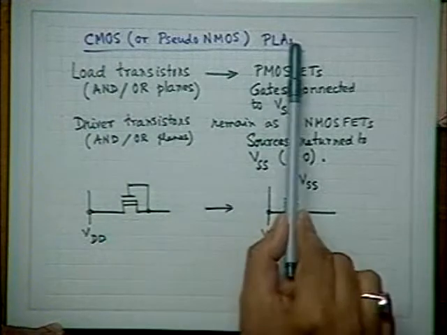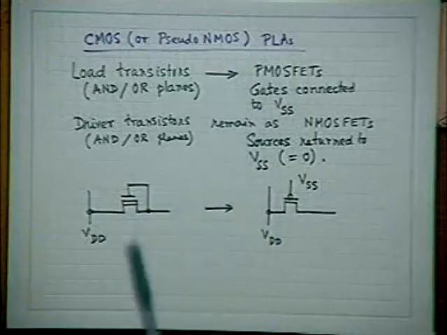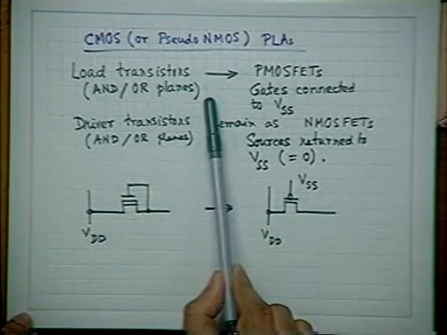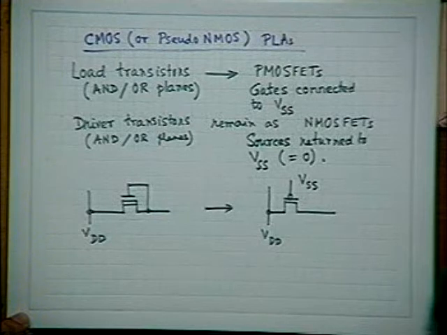Though we call it CMOS, it is not proper to call it CMOS. Why? You are not getting the benefit of low power consumption, low standby power consumption. That is why we call it pseudo-NMOS. It is NMOS, but we have added a PMOS load that is always kept on. That's the difference between CMOS and pseudo-NMOS: here the PMOSes are used as substitutes for NMOS load transistors, and they are always on.